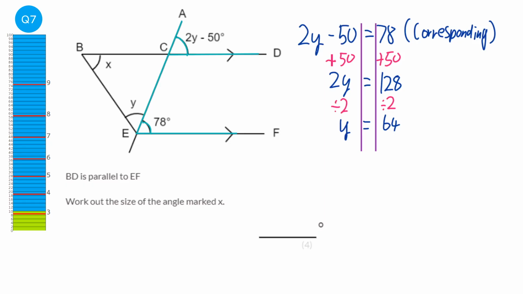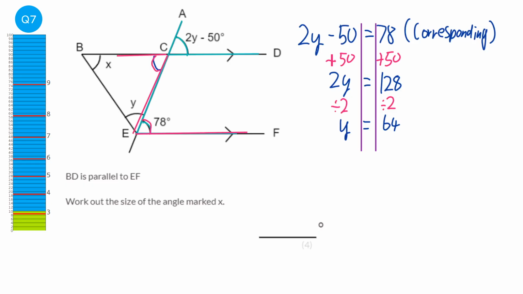Well, there's a few different things we can do. We could work out the fact that these two here are vertically opposite. That would be absolutely fine. But actually, if we look at this part here and this part here, these are also 2 parallel lines, and this angle here and this angle are going to be alternate.